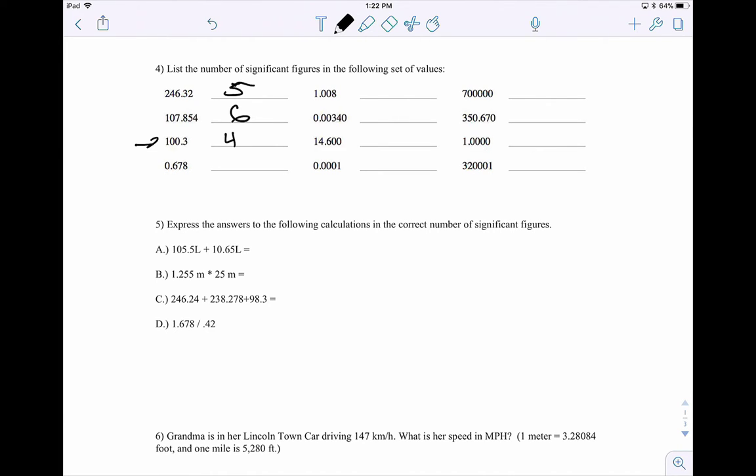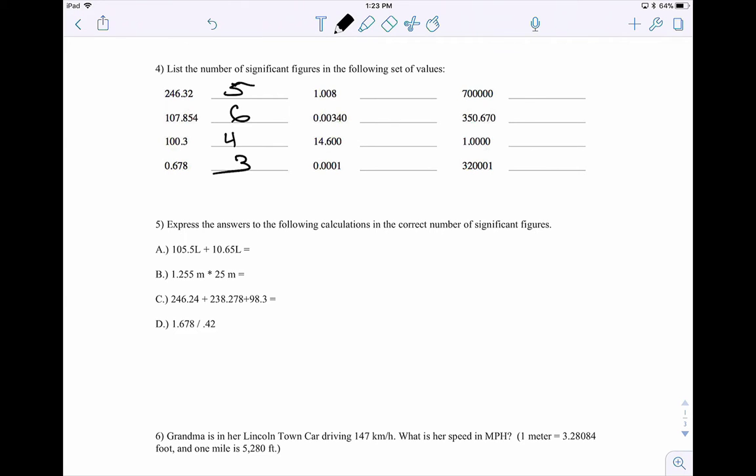So the decimal, as you can see, is present in most of these. But in the next example, you have to remember that you start counting at the first non-zero digit, because the decimal is present here, but the first non-zero digit is the 6. So in this case, you only have 3 significant figures. Let me work a few over on the far right-hand side where the decimal is absent, and then maybe you can pause the video and finish them.